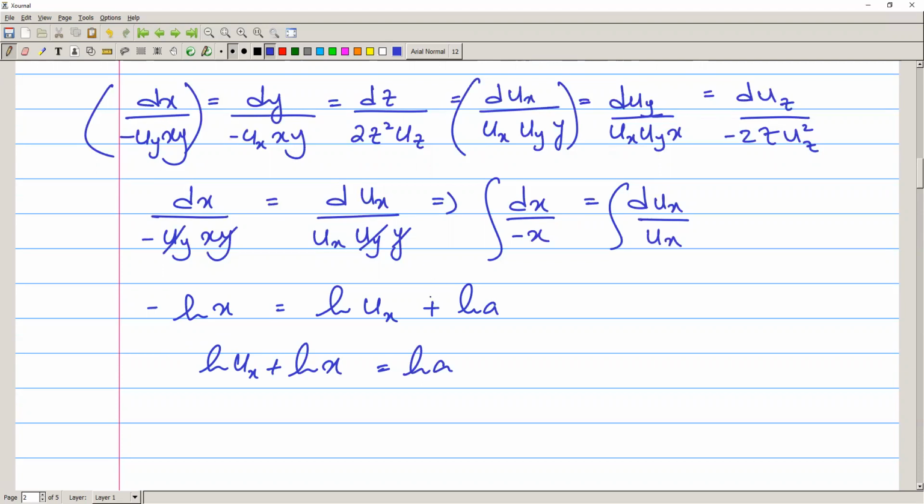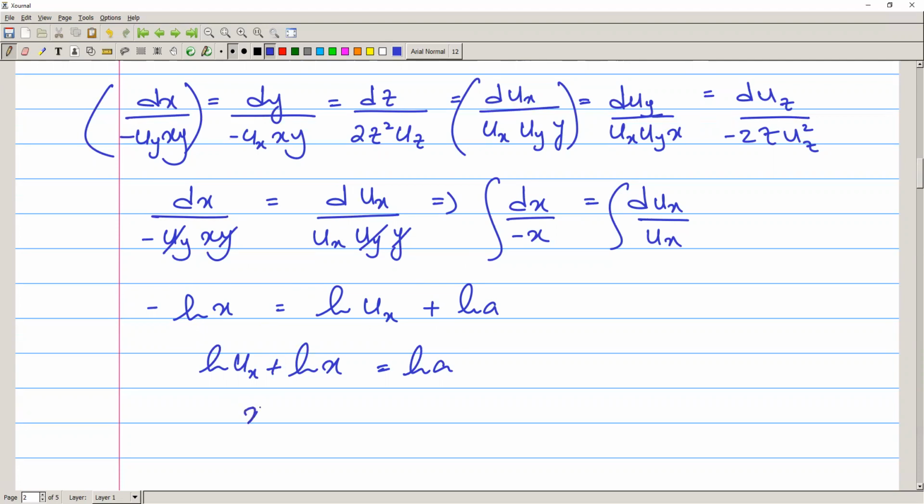We are not very much interested in the sign of this constant function, because we don't care if it's negative or positive, because it's an arbitrary constant. So it's just like we shift ln x to the right hand side and ln a to the left hand side, but we are not interested in the sign of this constant function, because this is an arbitrary constant, right?